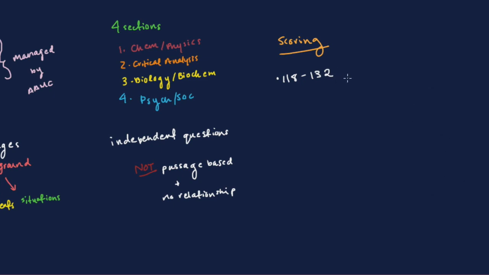That being said, the highest you can score on the MCAT is a 528. So for each section, your score is derived from the total number of questions you get right, and that is collectively labeled your raw score. And all correct answers are worth the same amount.